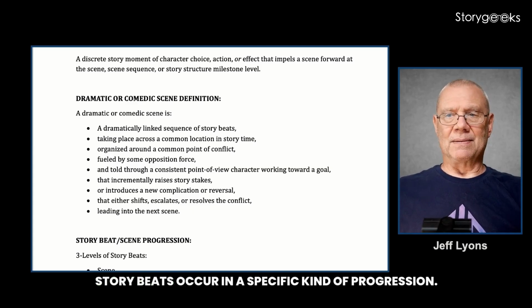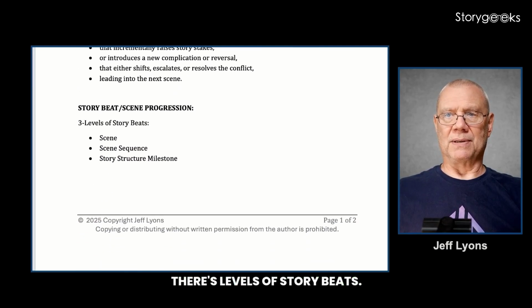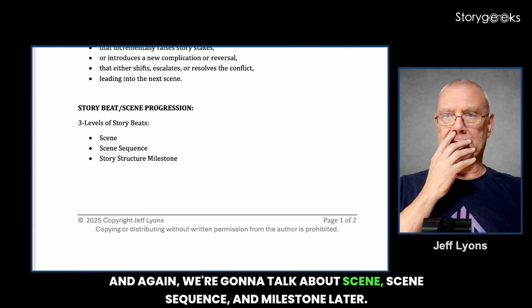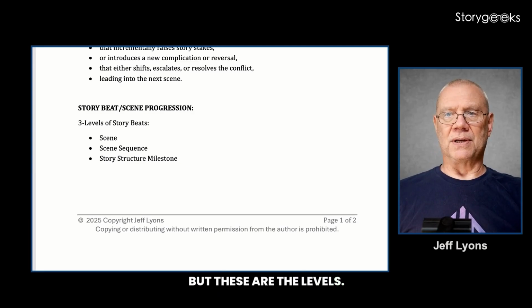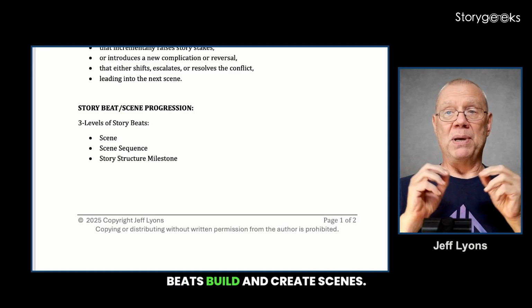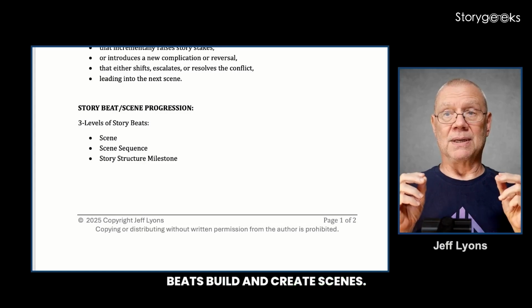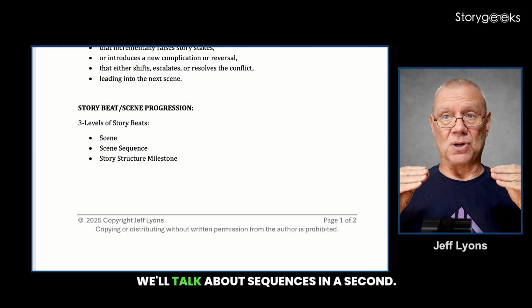Story beats occur in a specific kind of progression. There's levels of story beats. And again, we're going to talk about scene, sequence, and milestone later. But these are the levels. You have the story beat itself. Beats build and create scenes. Scenes are linked together in sequences. We'll talk about sequences in a second.